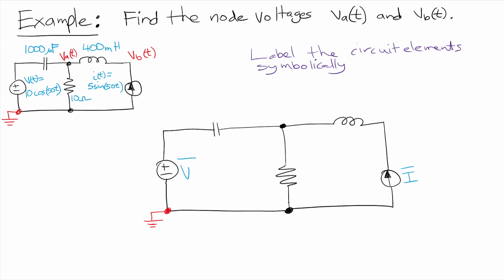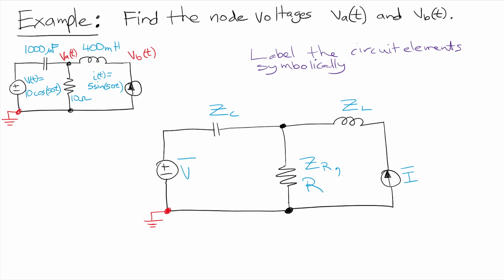So we have a value of 1000 microfarads, but I'm just going to use a general symbol, Z, for impedance, and I'm going to call it ZC for capacitor. And then for the inductor, I'm going to call it ZL. Okay, now for the resistor, I can call it ZR if I like, or I can call it R. Okay, I think I'll just stick with R, but I could have called it ZR. That would be perfectly fine.